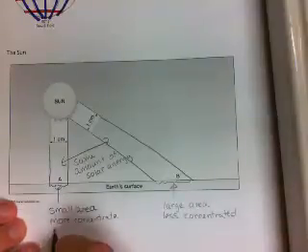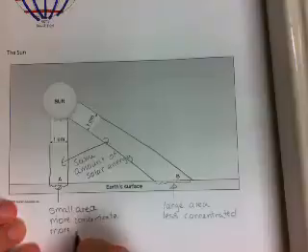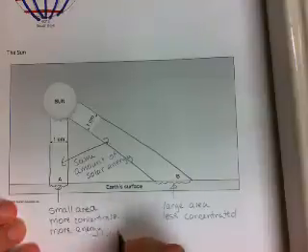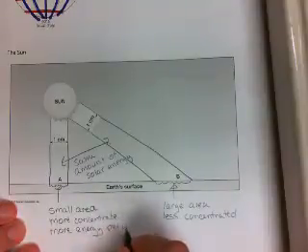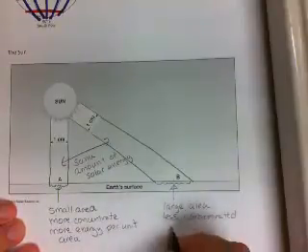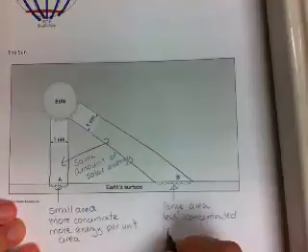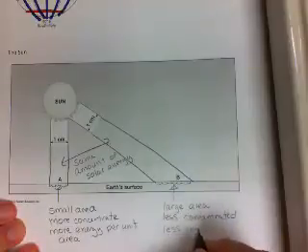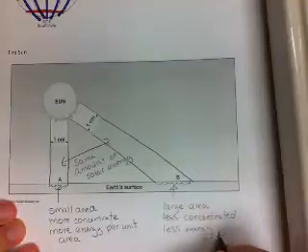That means that there's more energy per unit area at point A than there is at point B. We'll just have less energy per unit area at B.